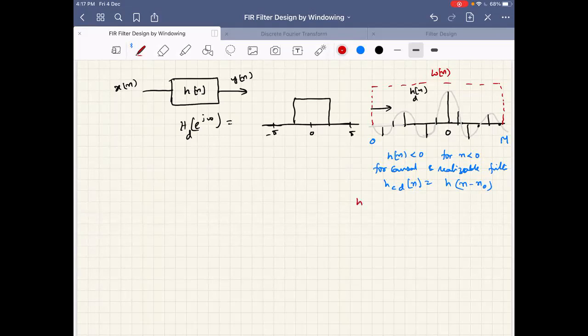So the practical impulse response is hd of n multiplied by w of n. w of n is obtained by a window function which selects only the samples from 0 to M and 0 else. Here we refer to this as the rectangular window. Because of this, we now have the impulse response of the practical filter that we generate.